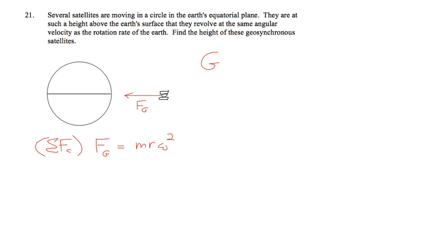So I'm going to write this as G m mE instead of M1, M2, over r squared, and that's going to equal m r omega squared. Now, this m is the same as that m, because these are the two masses that have an attraction to each other, the mass of the Earth and the mass of the satellite. The mass of the satellite is the one that's moving through a circle, so that's why these two are the same. So since they're on both sides of the equation, I can cancel them out.